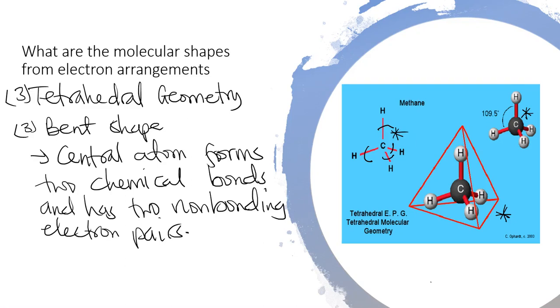So an example is water. We have oxygen here, then the two chemical bonds, hydrogen, hydrogen. Then we have this pair here, and then another pair here. But we know that it has tetrahedral geometry because it has four groups of electrons surrounding the central atom. But because the central atom has only two chemical bonds, the shape itself is known as bent shape.